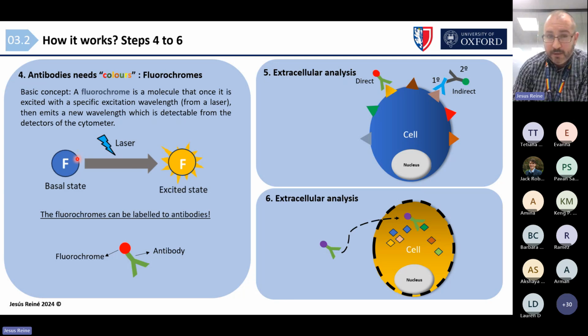So basically, any fluorochrome, when it's excited with a laser, for example, starts to emit a specific emission wavelength. So we have two different kinds of wavelength. One of them is excitation, which allows us to excite the fluorochrome. And when this is excited, the fluorochrome is able to emit a different wavelength that can be potentially recognized by the detectors.